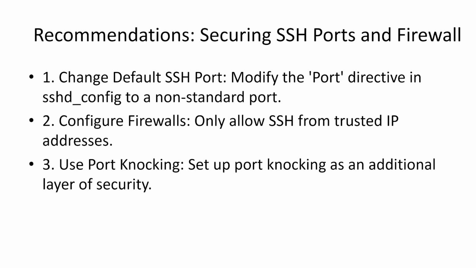Only allow SSH from trusted IP addresses. Anything that you're not even 100% sure on, 95%, just don't do it. Number 3, use port knocking. Set up port knocking as an additional layer of security. Port knocking is very useful and it's just an extra layer.